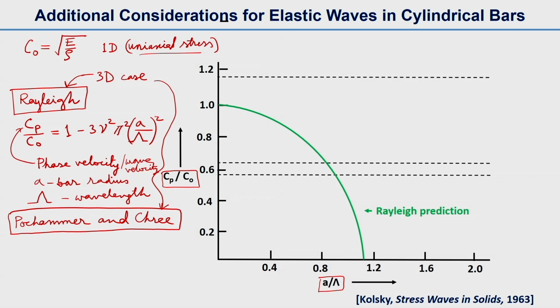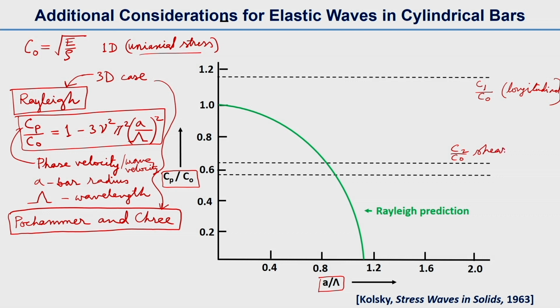So the first one is the green curve, which shows the Rayleigh prediction from this equation, which we already mentioned, and these dotted lines are for C1 by C naught, which is longitudinal wave velocity, and then C2 by C naught.